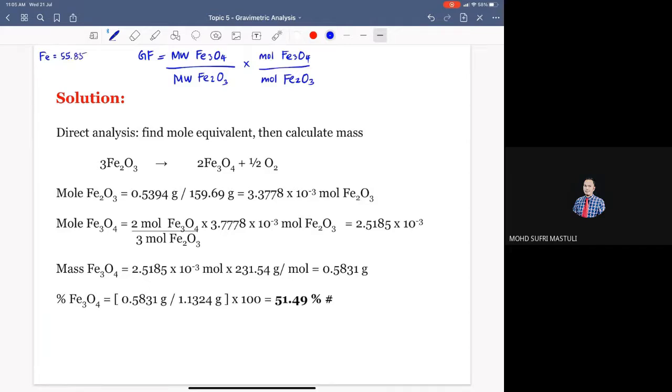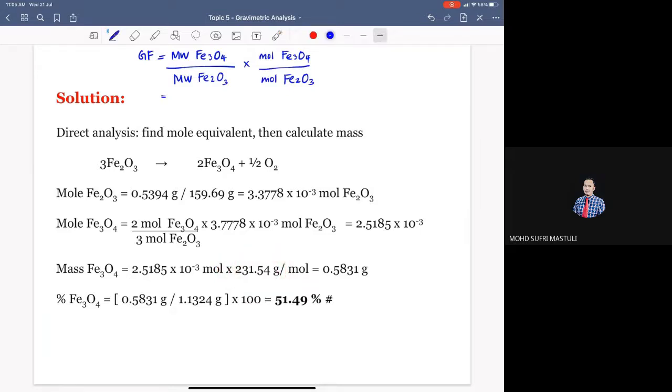Oh, no need, because it's already given in this answer, we can try. So now I'm trying to calculate using gravimetric factor. So the molecular weight of Fe3O4 is this one, but you can calculate using your periodic table.